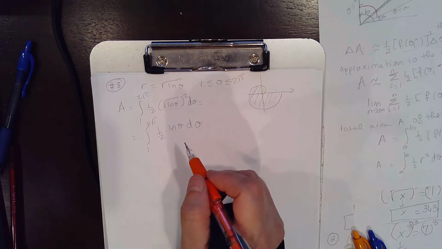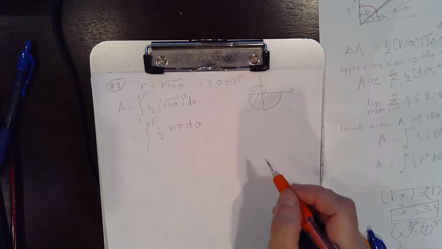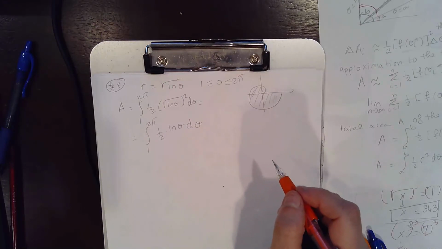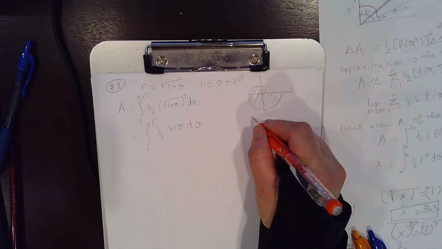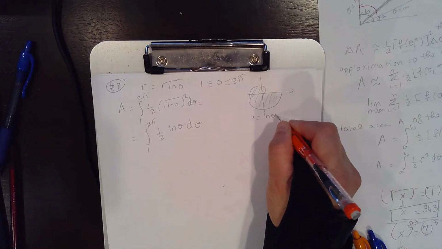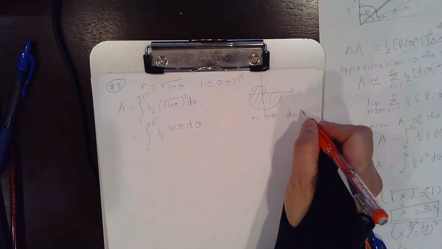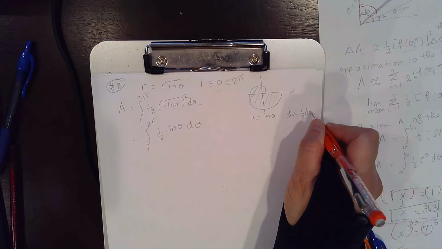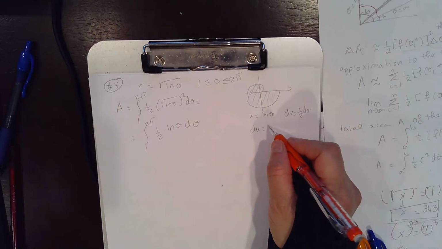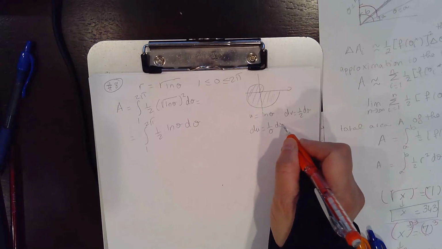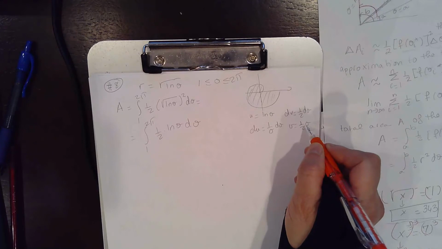To find the integral of ln theta, you need to integrate by parts. So u would be ln theta, and dv would be 1/2 d theta. So du is 1 over theta d theta, and v is 1/2 theta.